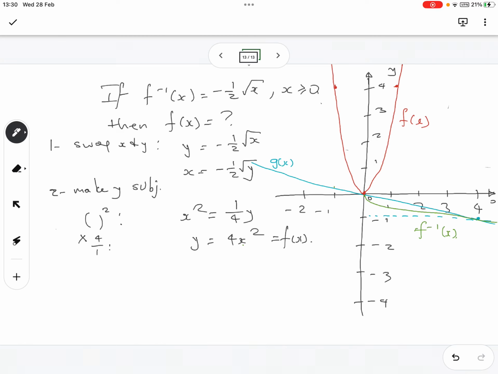Okay, cool. So we must determine for which values of x is g of x less than f of x. Is there a point where g of x is less than f of x? We can start asking that question.